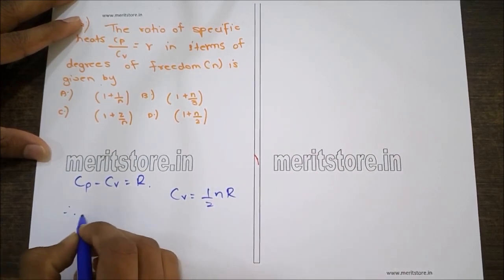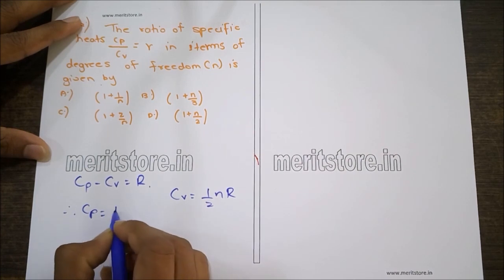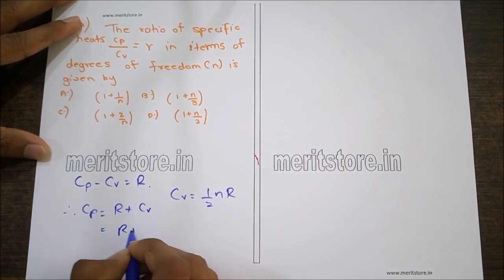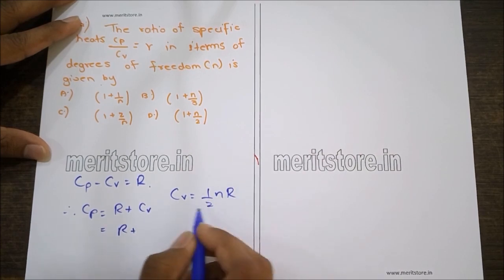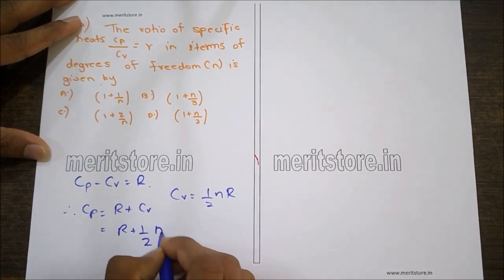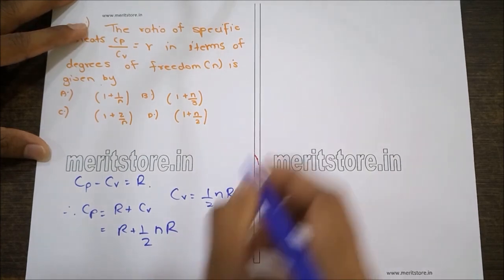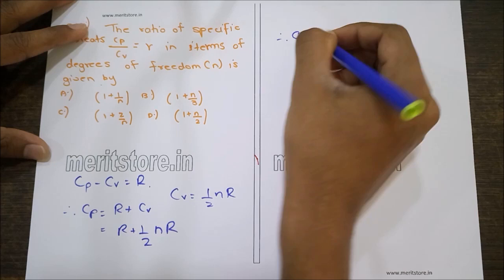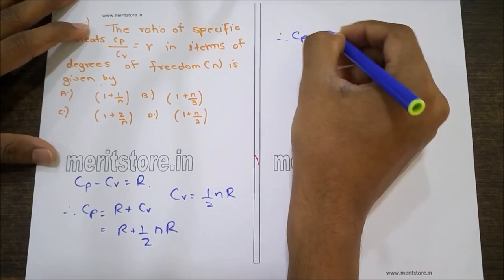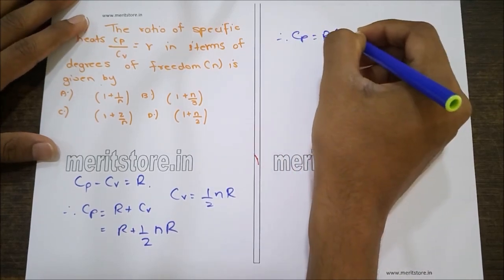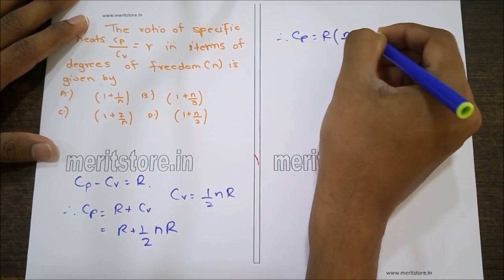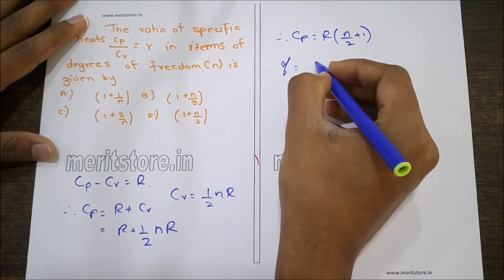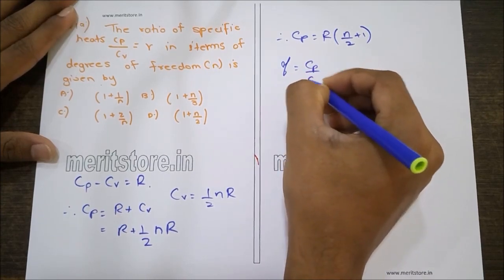So therefore, Cp can be found out as R plus Cv. That is R plus, instead of Cv, we write half N times R. So Cp now becomes, taking out R common, N upon 2 plus 1. Now gamma is given as Cp upon Cv.